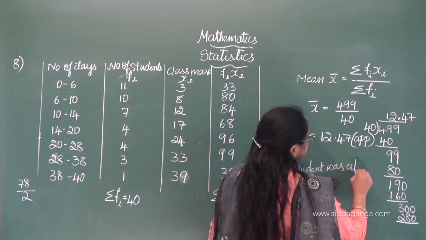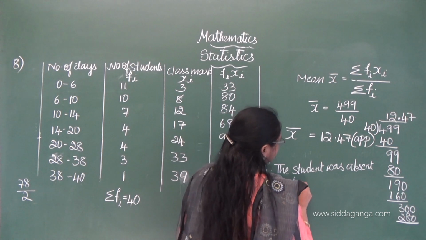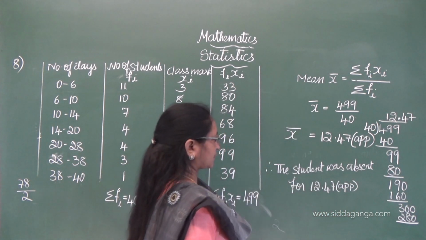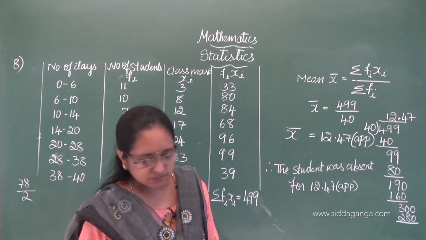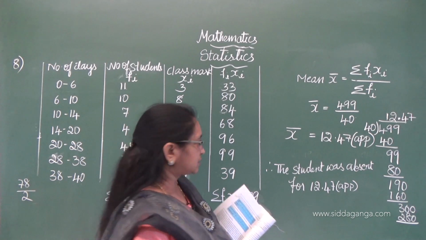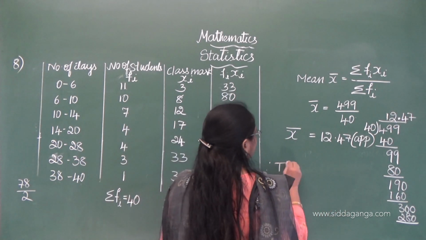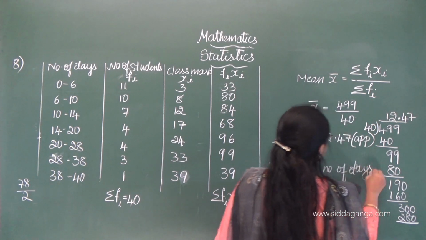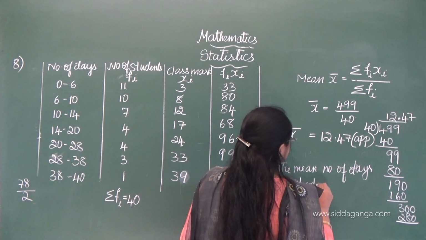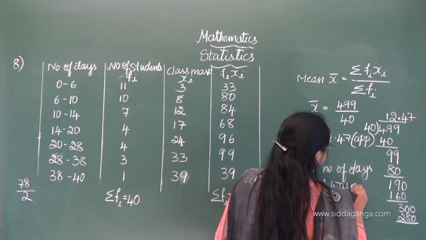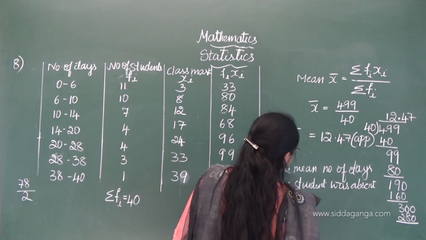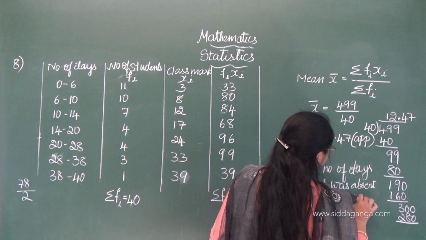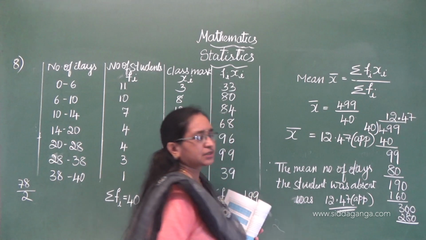Therefore the mean number of days the student was absent is 12.47 approximate. Conclusion you can write.